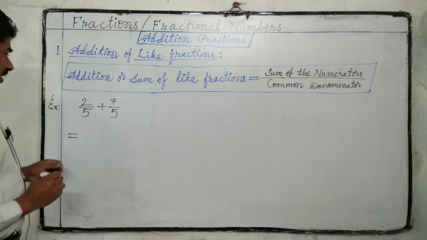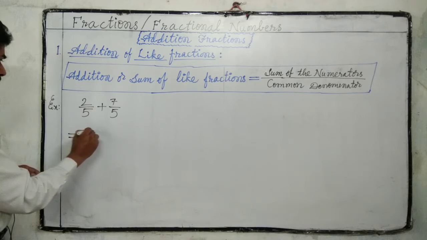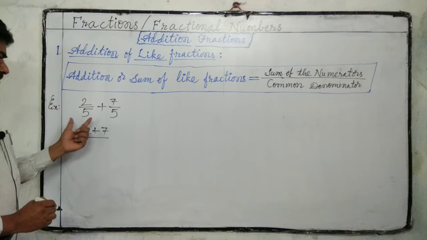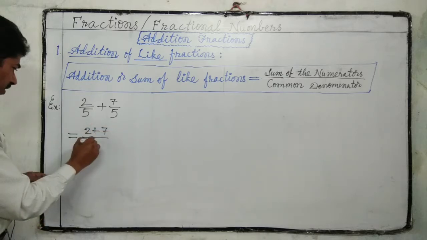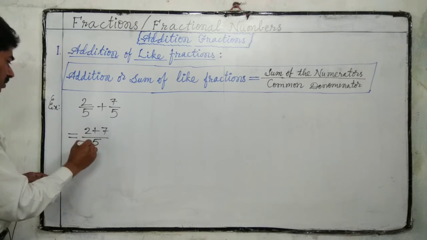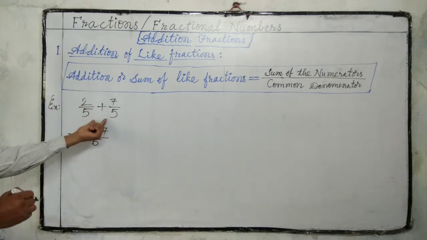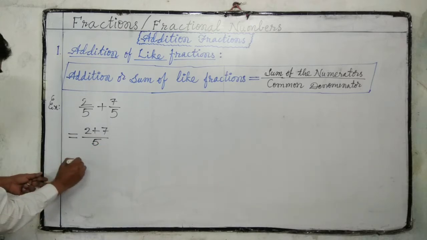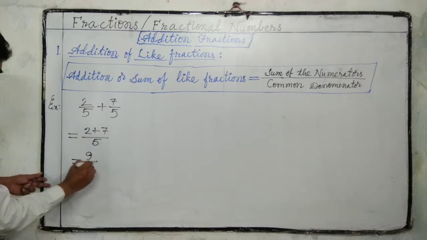Sum of the numerators, these are numerators, 2 plus 7, by common denominator. So these both are common, we have to write one only. Sum of the numerators by common denominator, that is equal to 2 plus 7, 9 by 5.